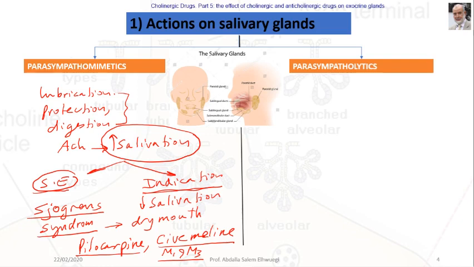Of course, by acting as agonists at all muscarinic receptors, these drugs produce many other side effects. So in a patient treated for Sjogren's syndrome with pilocarpine and cevimeline, we expect abdominal pain due to increased intestinal motility, as we said in the last presentation. They produce flushing of the face because of vasodilatation of cutaneous blood vessels.